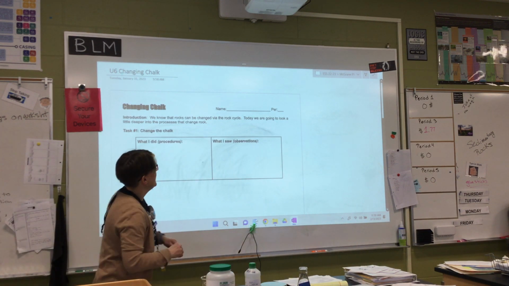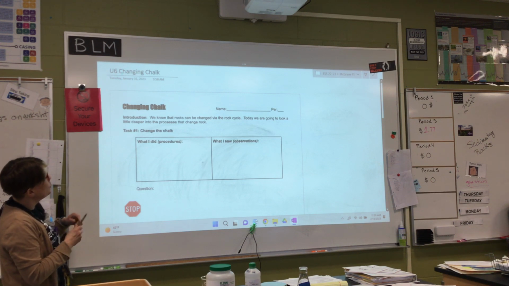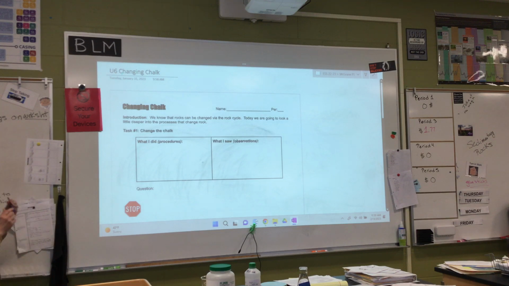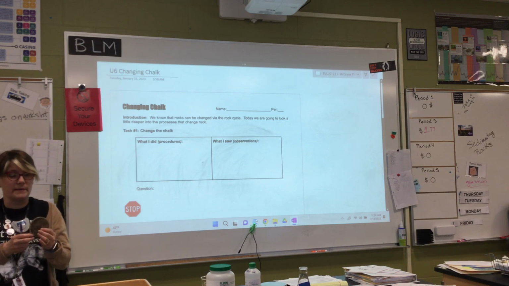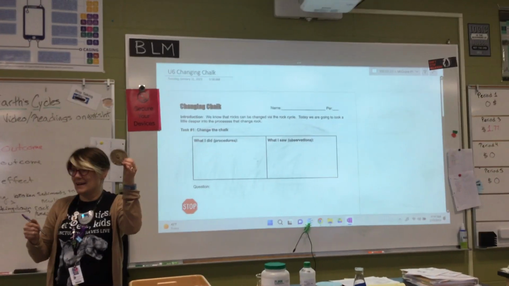What we're going to do today is look at changing chalk, and we're going to look at another step past the rock cycle, a bigger dive into weathering and erosion. But before we do that, I want you to check out your sedimentary rock. These sedimentary rocks came out great. I mean, that is some solid stuff.